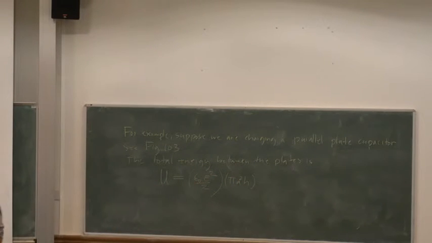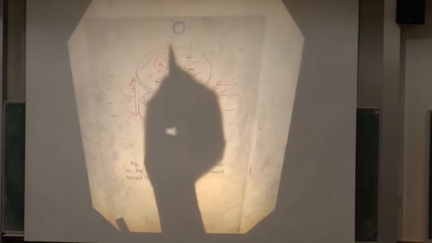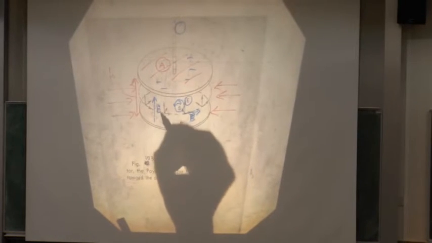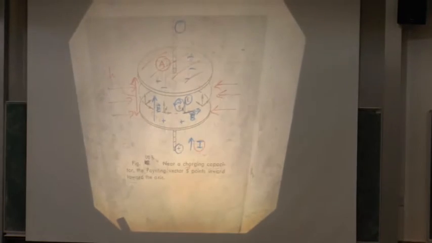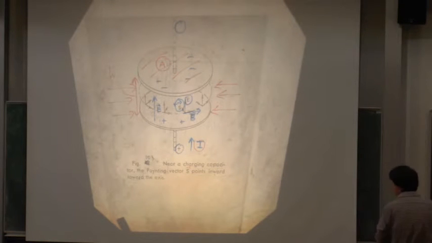I'm going to have a circular capacitor with plates of area a and the separation, you can think of h for height if you like. So we know that the energy density of the electric field inside the capacitor is given in this way. So I think we're up to equation 25.8.